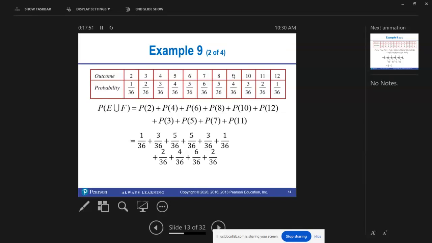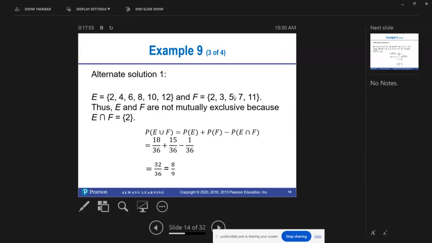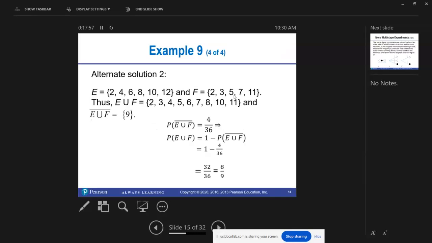So if I'm including everything except for this, everything is 1. So if I subtract 4 out of 36 from that, that'll give me everything but that. So 1 minus 4 out of 36 will be 32 out of 36, which reduces to 8/9. So it's another option.